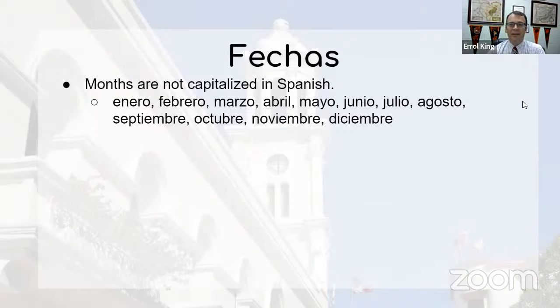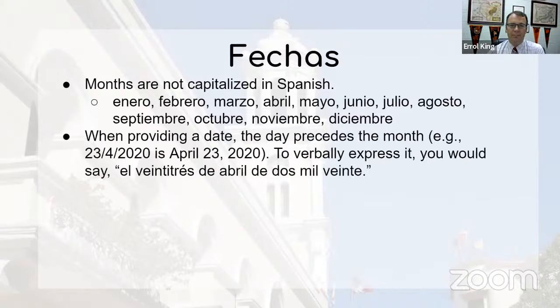But some months were added under Roman rule, and we had Julio and Agosto added. And so our 7th, 8th, 9th, and 10th months were switched. And now they are the 9th, 10th, 11th, and 12th month. Anyway, do keep note that months of the year are lowercase in Spanish.